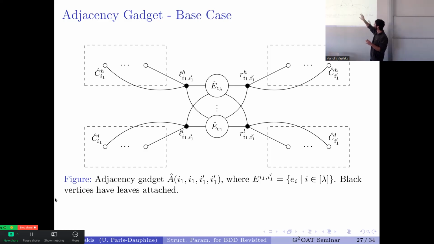For those four vertices, we have edges towards all the relevant edge gadgets. In the base case, we have to delete just four vertices, and then we disconnect our graph a lot. So the tree depth becomes constant for this case.